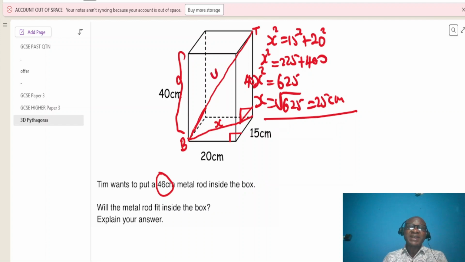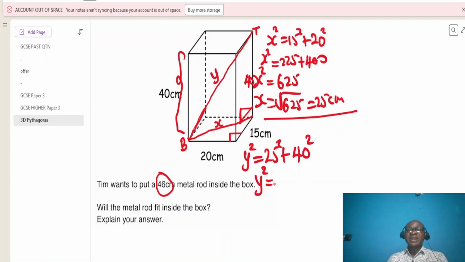I can now find the actual length of the diagonal called BT. So I have labeled it with the letter y. Now, y squared will be equal to x squared, which is 25 squared, plus 40 squared, which is the opposite side of the height of this open box. With this Pythagoras, we can now solve.